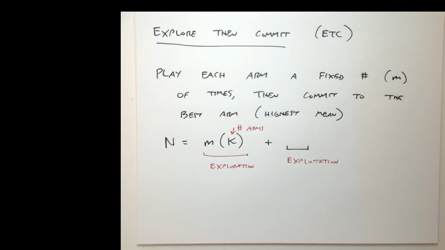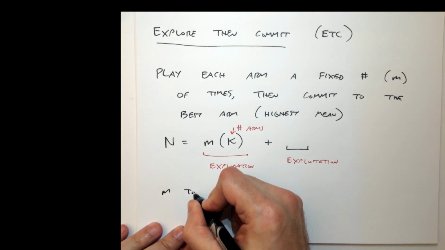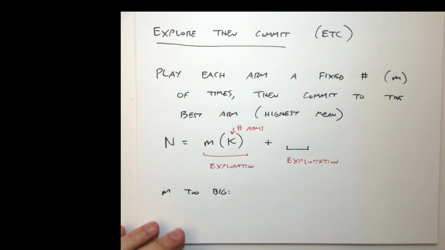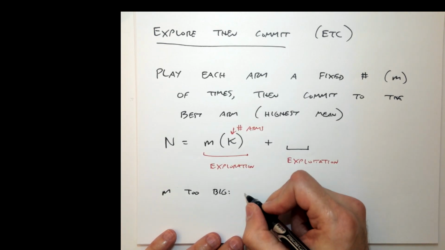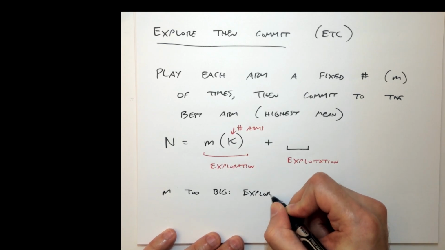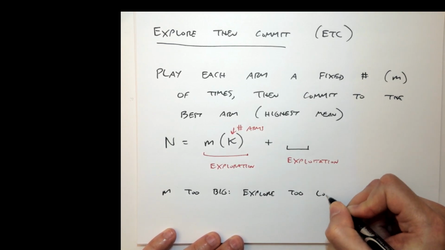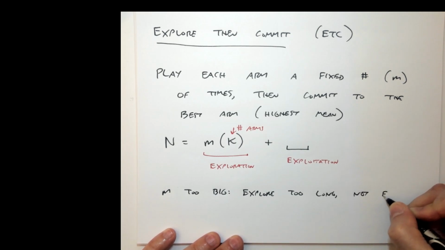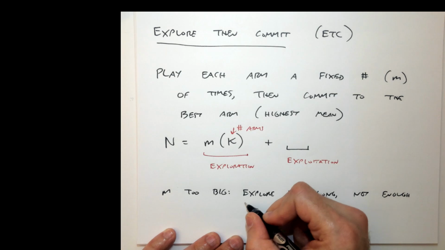So if little m is too large, I basically spend all my time exploring, and then I have very few tries to actually exploit the best arm, right? So that's bad, right? So m too big means that I explore for too long, and I have not enough time to exploit.